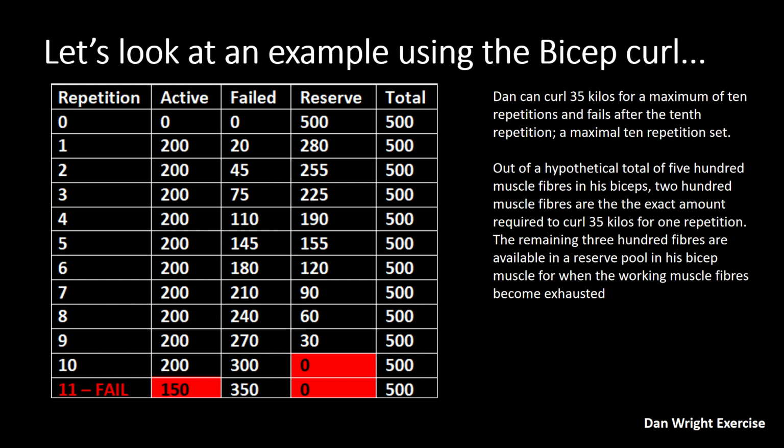This is the magic zone, because we only have 150 muscle fibers, but we need 200. So we fail, we can't do any more. And this is the magic number, which sends a signal to the brain for reinforcement so that you'll build up and develop more muscle fibers in reserve for if this set ever happens again.